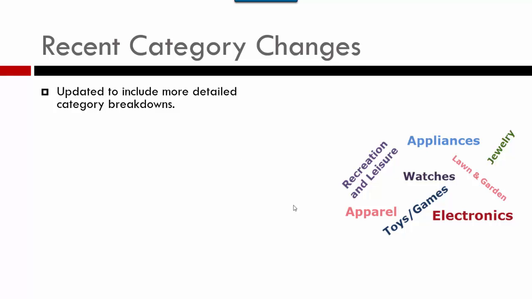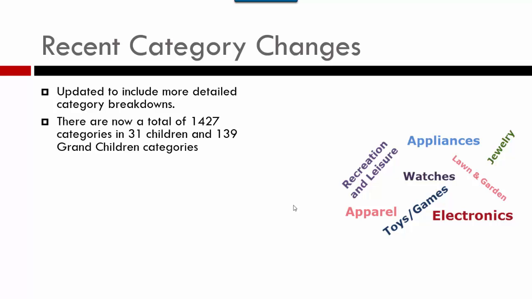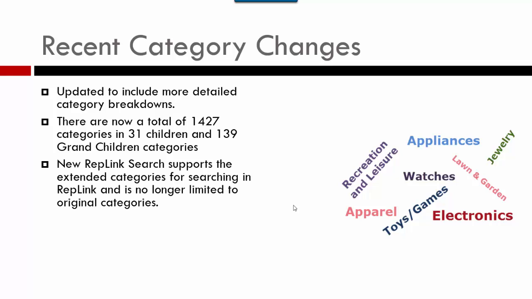We've made some recent category changes, and we've updated them to include more detailed category breakdowns. And so now there are a total of 1,427 categories in 31 children and 139 grandchildren categories. The new RepLink search supports the extended categories for searching in RepLink and is no longer limited to the original categories.